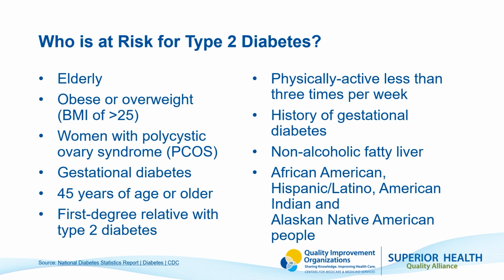Being 45 years of age or older, because the older we get, the more likeliness that we will develop diabetes. Having a first-degree relative, so a sibling or parents. Having a sedentary lifestyle. If you have a non-alcoholic fatty liver, and based on your ethnicity.